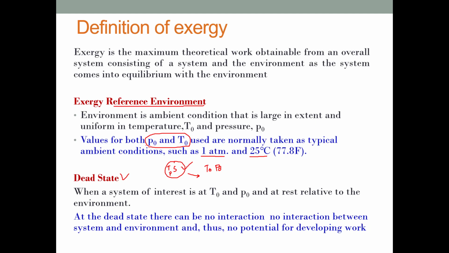That state means there is no temperature gradient, there is no pressure gradient, we cannot get any useful work from the system. So that state of the system is called the dead state, right? When the ambient and the system have the same temperature and same pressure, that state is called the dead state. At the dead state, exergy of the system is zero.